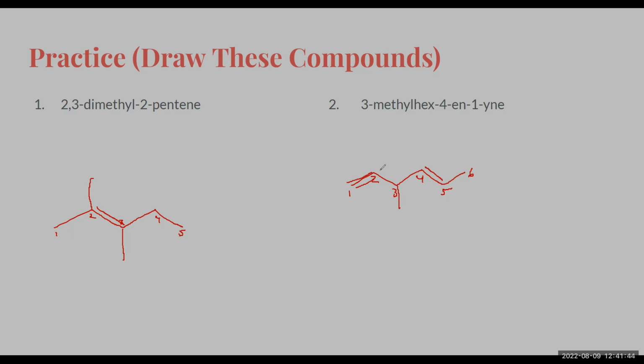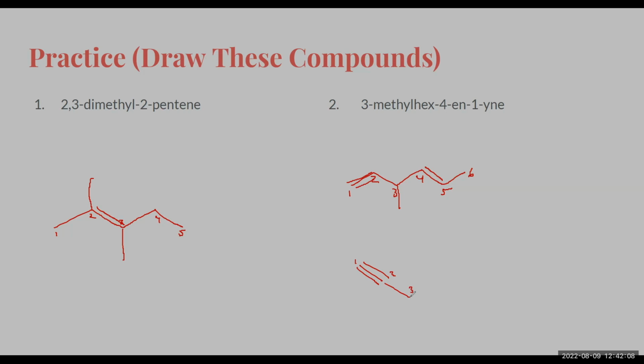However, you don't want to show triple bonds like that. You want to draw triple bonds straight. So I like to draw it like this, and then I like to rewrite it. So what you could do is you could do a triple bond right here. This is going to be the 1st carbon, 2nd carbon, 3rd carbon.